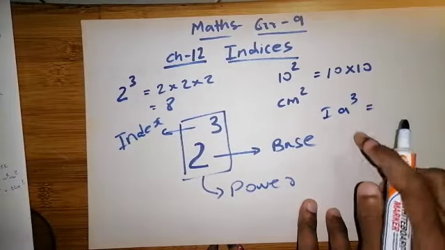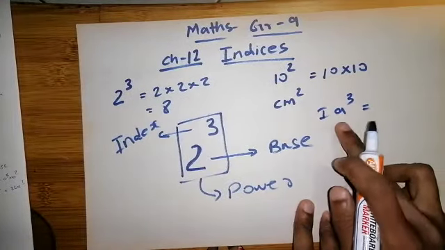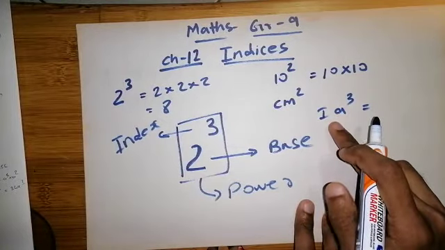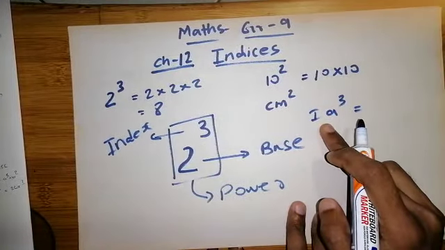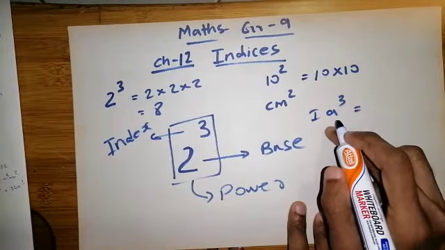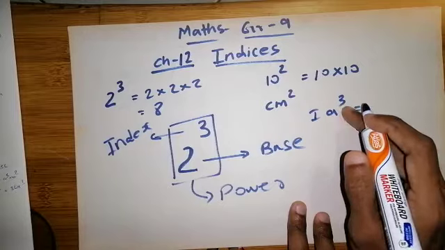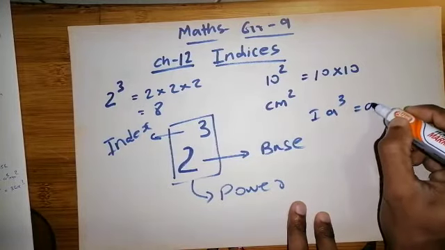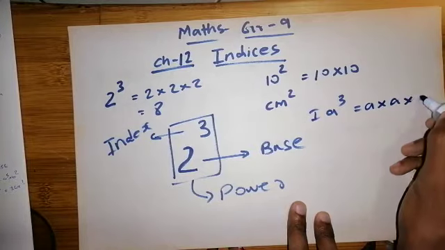The index number indicates how many base numbers there are. The base numbers are always multiplied with each other. So a3, a cubed, a to the power 3, means there are 3 a's multiplied with each other, a into a into a.